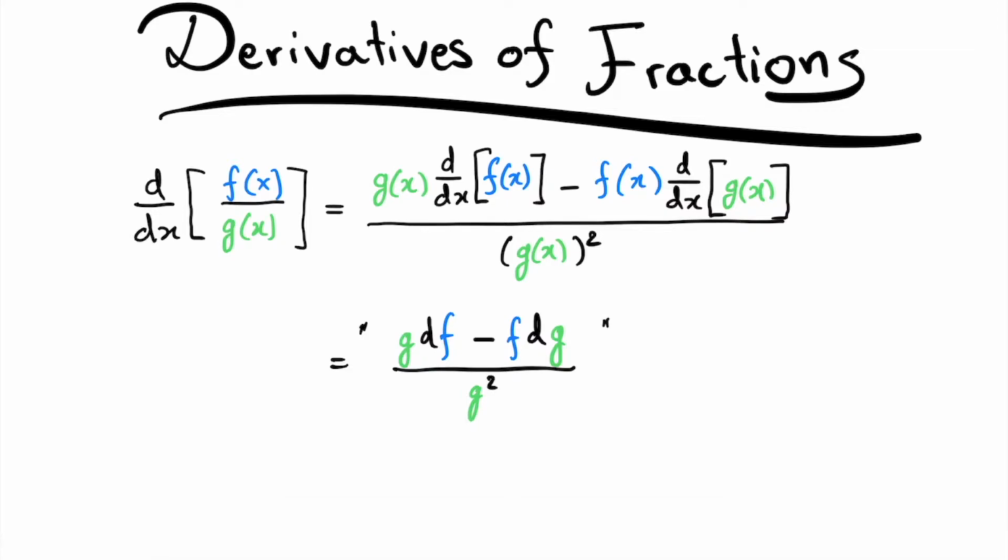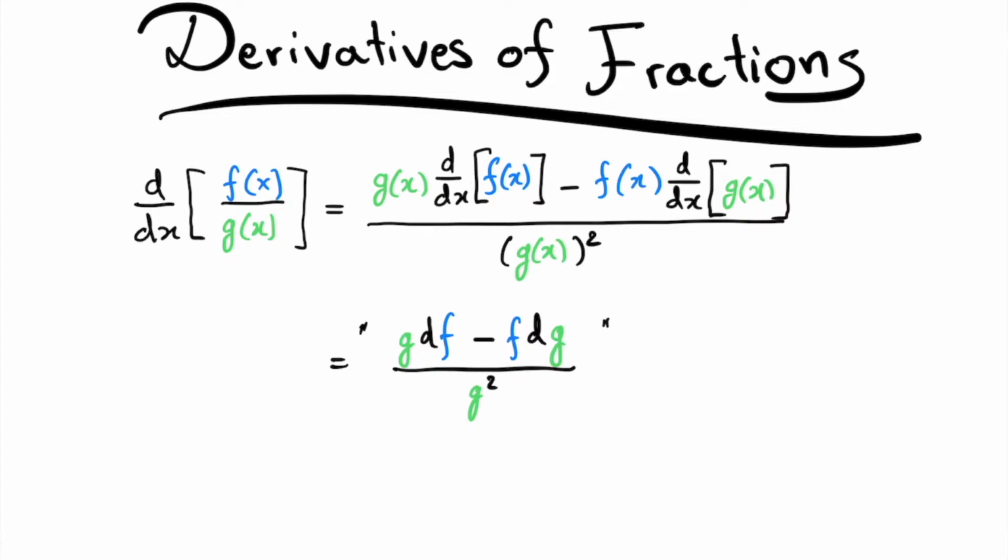Before we go into the first exercise, I want to take a few seconds to explain this general formula which you'll have to use to solve these exercises. If you have the derivative of f of x divided by g of x, the way you solve it is by writing this fraction. First you write g of x, leaving it unaltered, and taking the derivative of f of x.